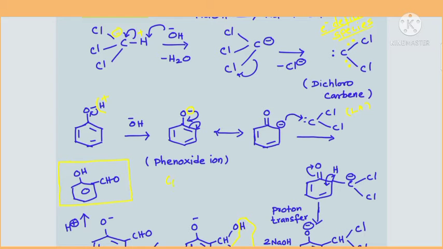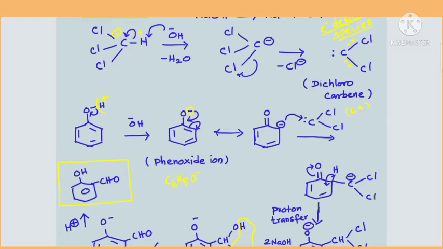Whereas this can be written with the formula C6H5O minus. But now this has another form. What is happening is that the negative charge, the excess electron present over the oxygen atom, will move between oxygen and carbon, so that a new bond is formed.